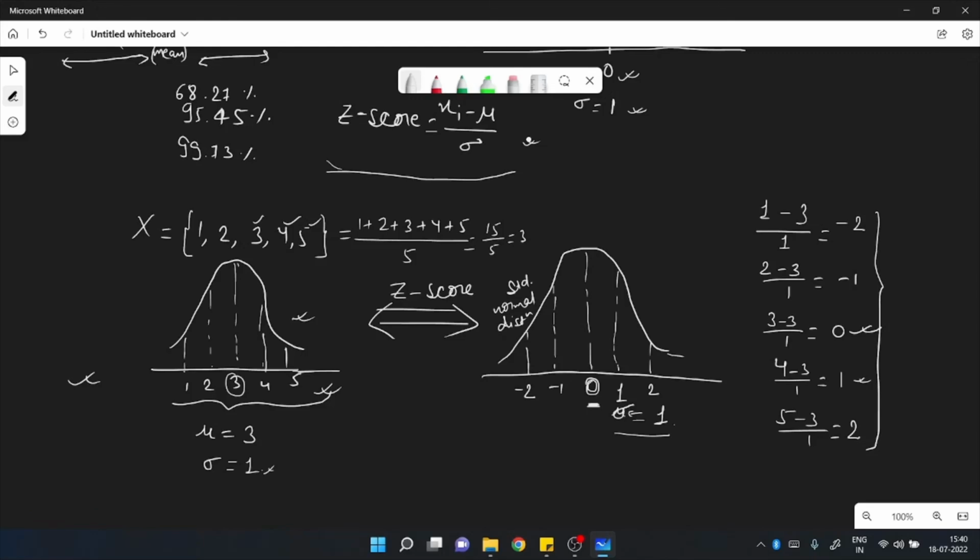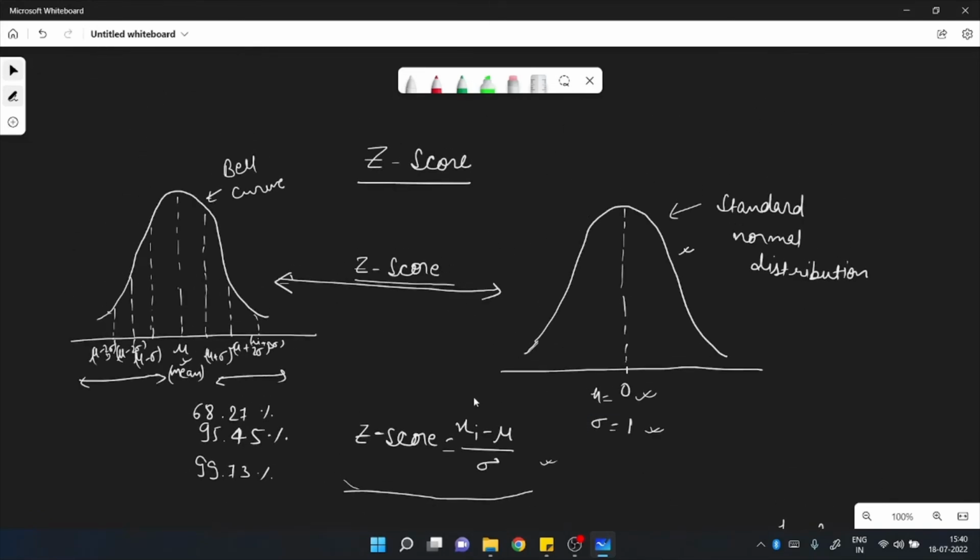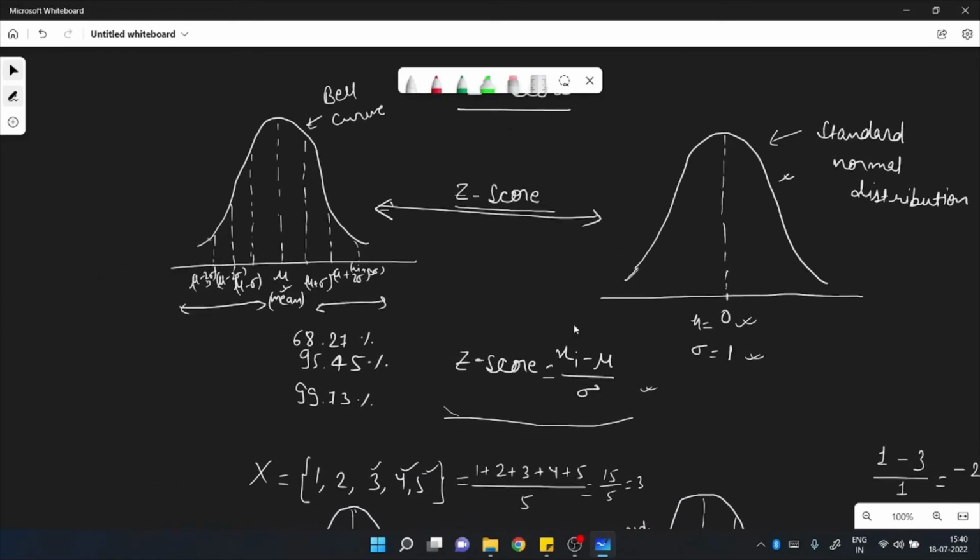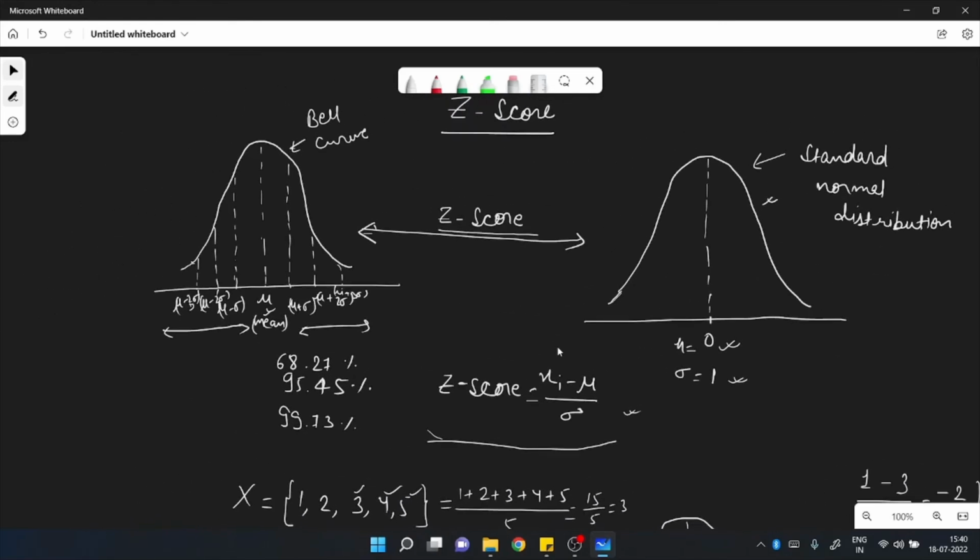Inside, on top of that, we only put this Z-score formula to normalize our data set. For each and every feature we put this Z-score, and after that, the result we get is in the standard normalized distribution form. So this was all about the Z-score formula, guys. I hope you understood what the Z-score formula is and where we actually use it.